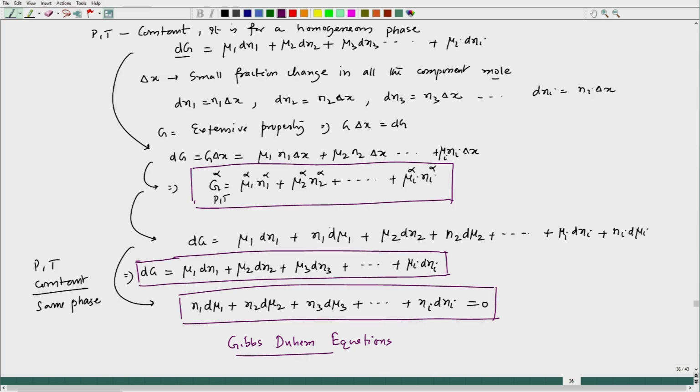So, we would like to understand physically what is the meaning of mu, okay, which is the chemical potential or partial molar quantity of a particular component in a phase. Fine. So, that will be decided by a consideration of escaping tendency of a molecule leaving one phase to another phase.